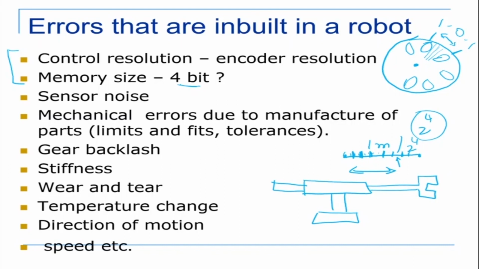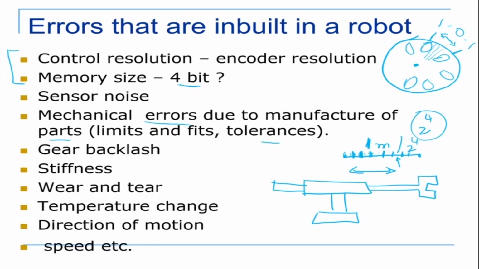Mechanical errors. Now there are errors due to manufacture of parts. For example, when I said this robotic link is 1 meter in length, it can traverse 1 meter rather. But exactly this link may not be 1 meter. What I mean is that when the link is being manufactured, there are going to be some fits and tolerances.